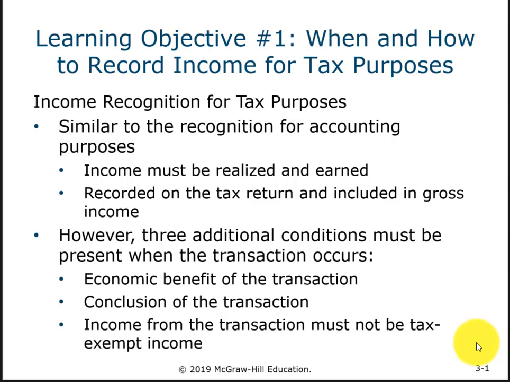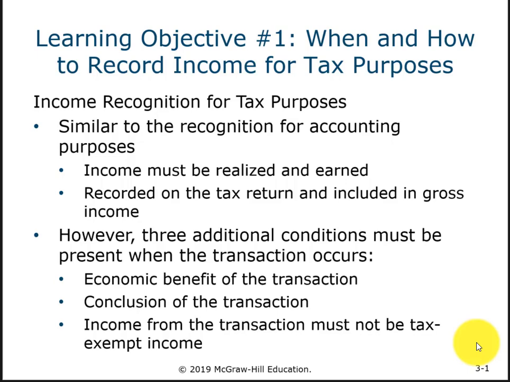And when we say we're going to recognize it, that means it needs to be put on the tax return and included in gross income, both those things. So there's a couple of things that we put on the tax return that are not actually included. For instance, municipal interest is shown on the tax return, not tax-exempt interest, because we'll see it's used in some calculations, but it is not included in gross income.